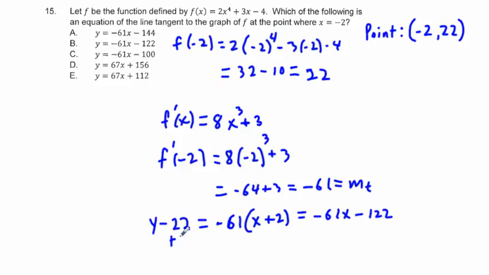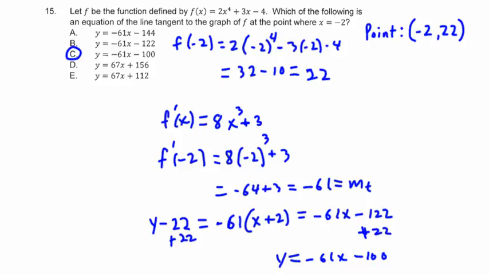And if we add 22 to both sides of this equation, we're going to get y equals -61x plus, excuse me, I said plus, it should be y equals -61x minus 100, which will be our answer choice C.